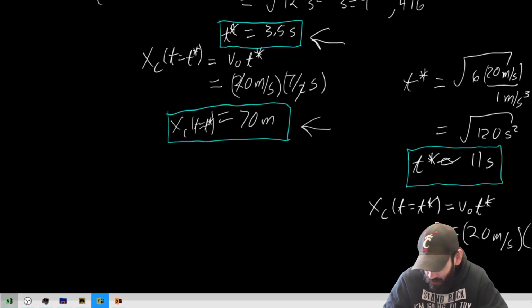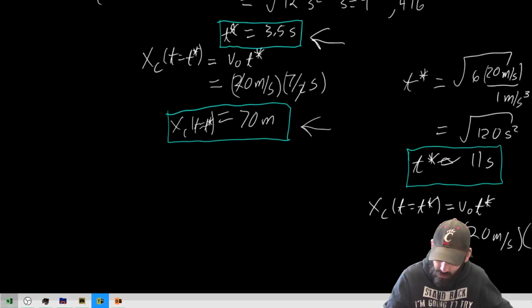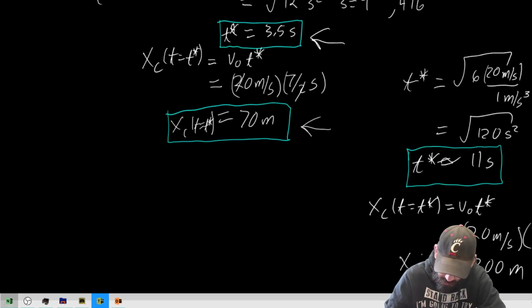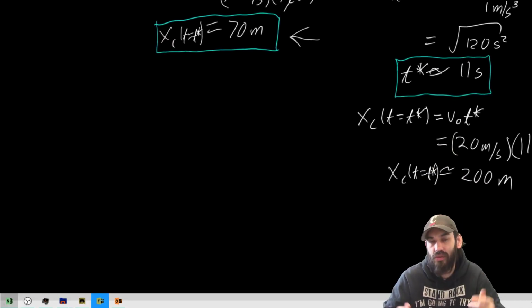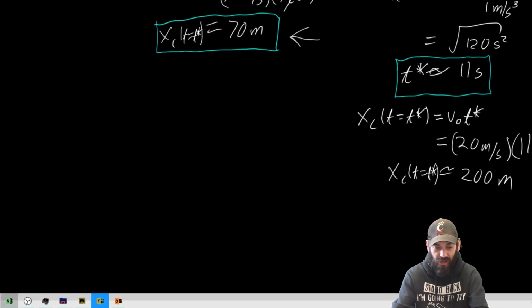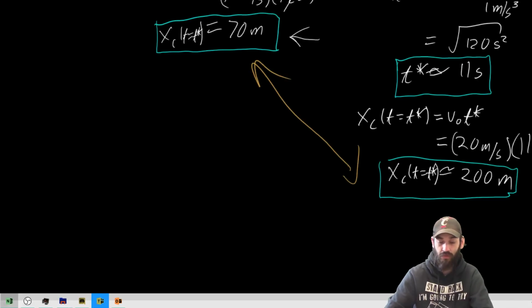And then we can say, well, 11 is roughly 10, and so this is about 200 meters. Right? And that seems to make a lot more sense with our intuition, because 200 meters is about 2 football fields, roughly. So that's a lot closer to what we would expect to happen than having some distance that's smaller than a single football field.